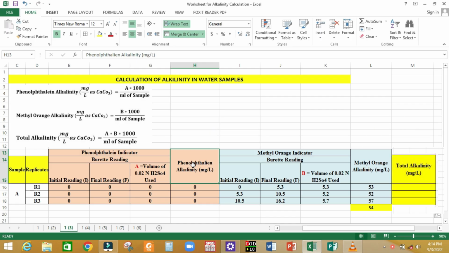In that case, your total alkalinity will be obtained by using both the phenolphthalein alkalinity value as well as the methyl orange alkalinity value, and cumulatively that gives you the total alkalinity of that sample. So this is how you determine or calculate the total alkalinity of any water samples using Microsoft Excel.